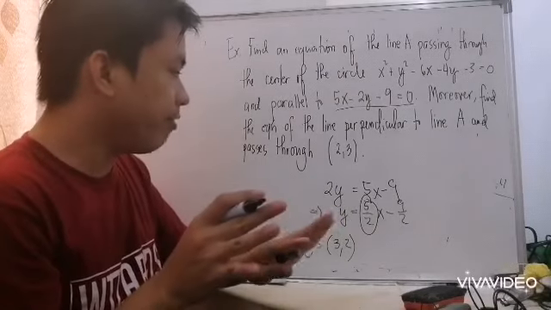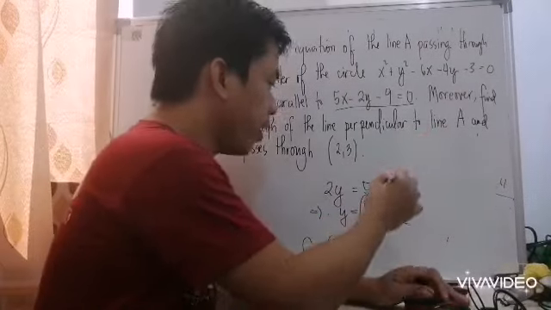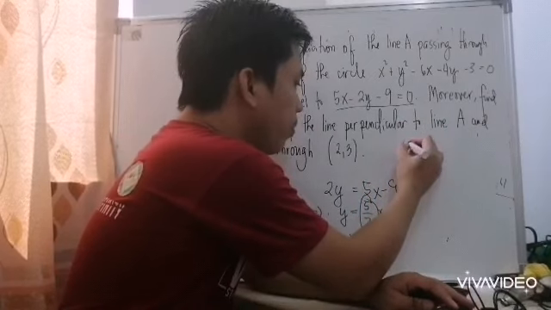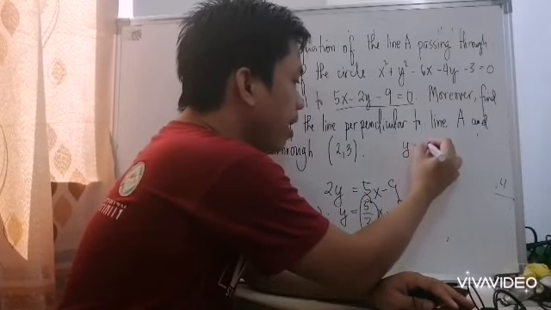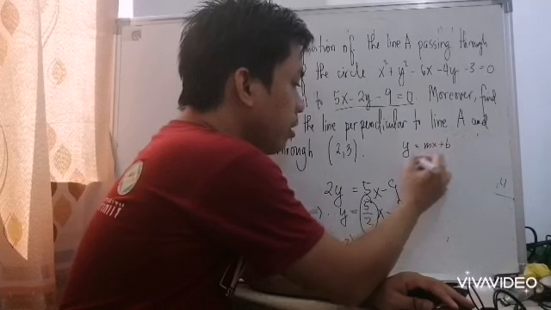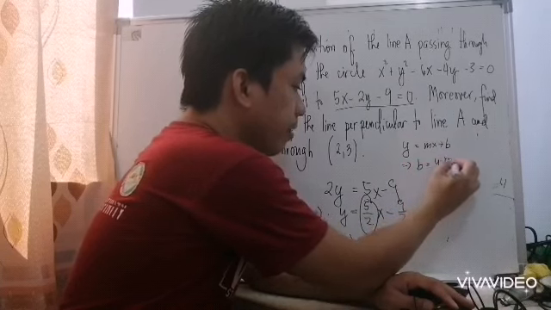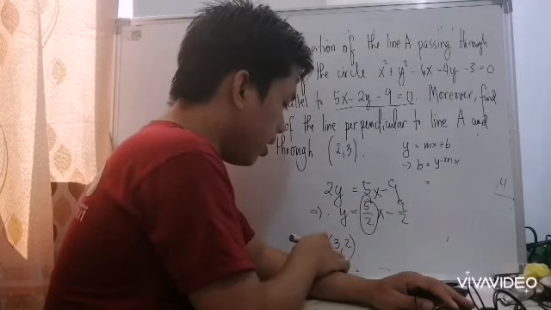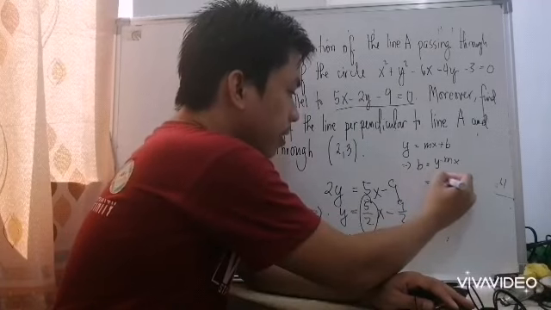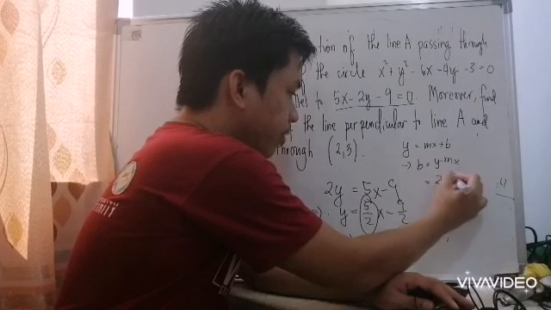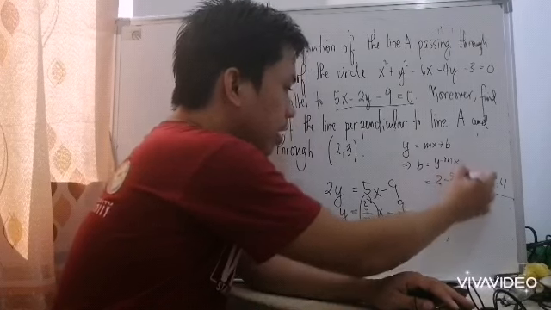So solving for the y-intercept first. y equals mx plus b, so b equals y minus mx. What's your y here? This is 2 minus the slope, which is 5 over 2, times 3.